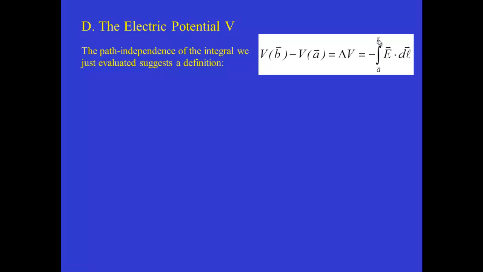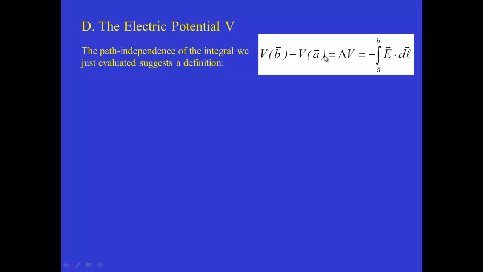So no matter what path you take, you get the same answer. So this is the reason that we choose to make a definition of the difference in something that we'll call the electric potential between those points. Because all that matters is where the 2 points are, not how we move from one to the other.